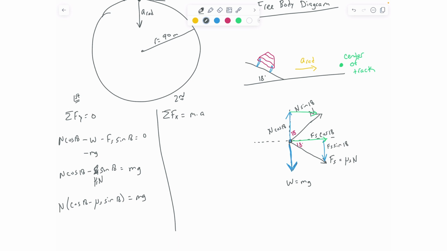And then of course you can just divide by cosine 18 minus mu s sine 18, and then this goes away. And then you have n equals mg over cosine 18 minus mu s sine 18.